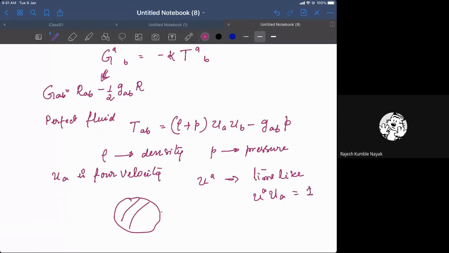Here you have a finite density of the fluid, which goes to 0 at the radius of the star, and outside the star it is a vacuum, which matches with the Schwarzschild.